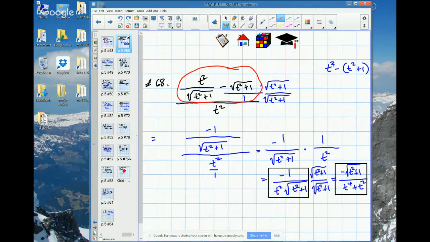I don't know if you can see the detail there, but first of all, you will have this common denominator on the bottom, so I can bring it together. And on this top, what happens when you multiply a root by itself? What happens when you multiply the square root of t squared plus 1 times the square root of t squared plus 1? You get that thing without the root, right?